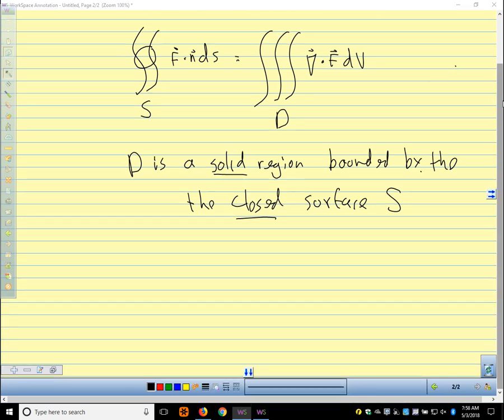The basic idea is a very, very general idea.